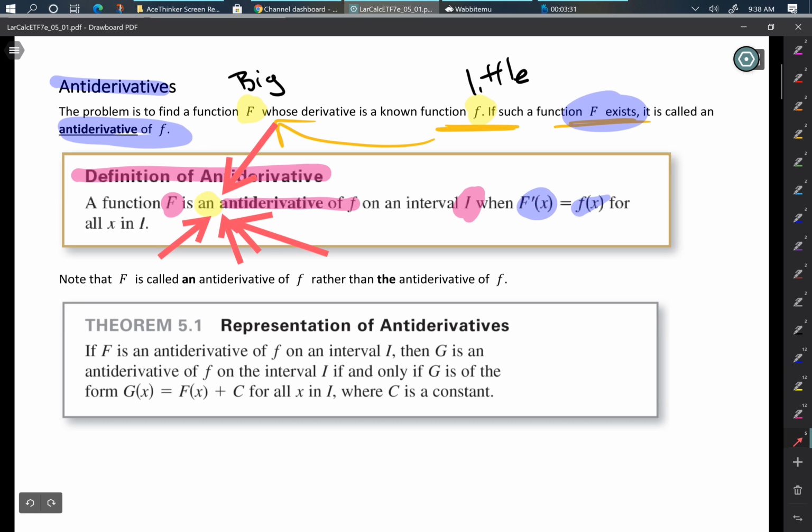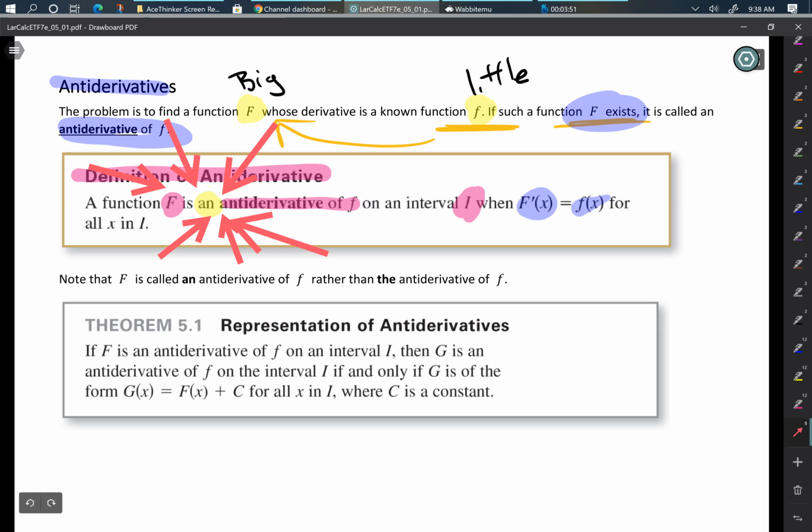antiderivative. Right? And in the English language, the article an in front of some noun means that this is one of potentially many. So a function little f could potentially have several antiderivatives. Okay?